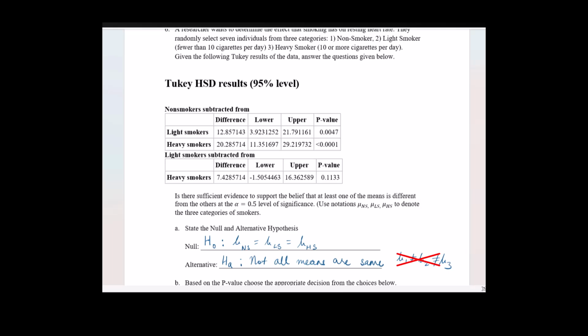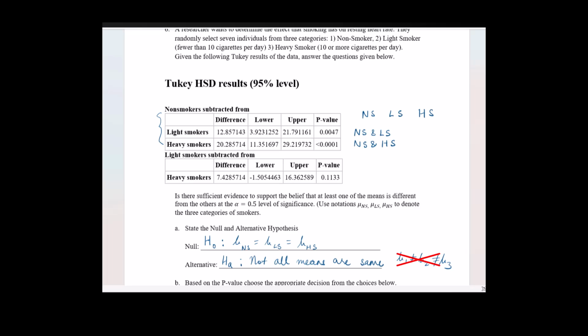We have non-smokers, light smokers, and heavy smokers, 3 categories of smokers. And then in this first table we are comparing non-smokers and light smokers, and then we are comparing non-smokers and heavy smokers. All right, so that's being done over here in the first table.